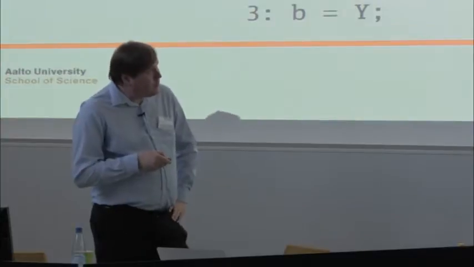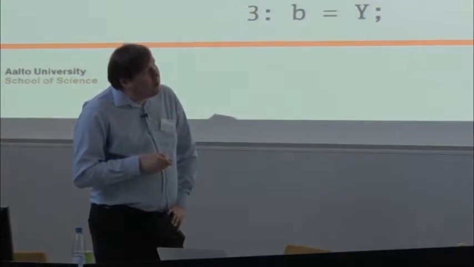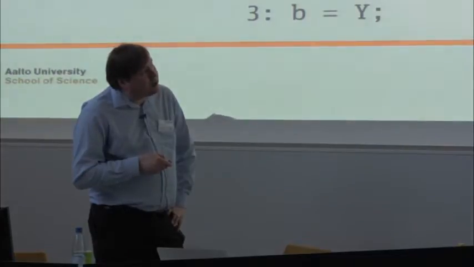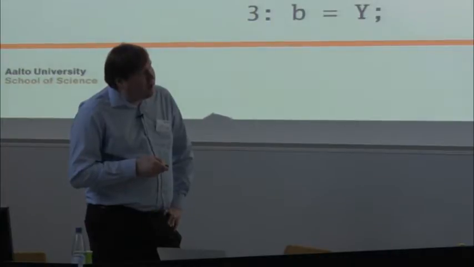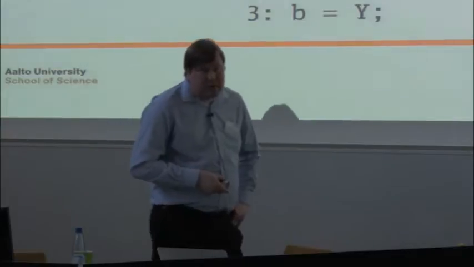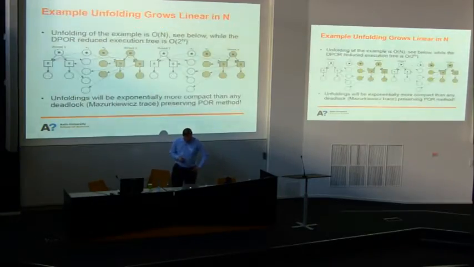We had these n variables, so variable x, and for variable x we have one reading version and one writing version, and there will be a race on x over which of these threads goes first. And then for variable y we have similarly reading of y and writing of y, and there's a race there. So just a recap, we had this example before.